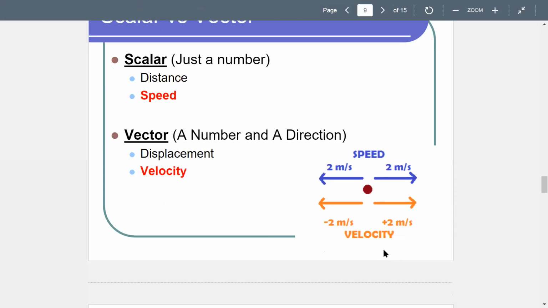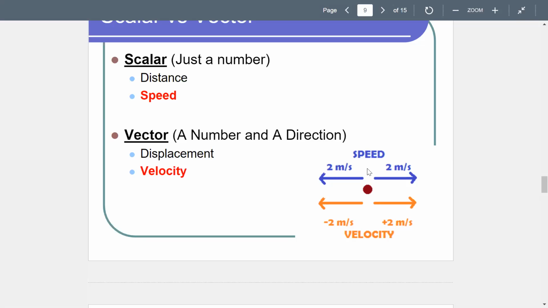Now, velocity, however, is a vector quantity. So this arrow has a direction, and in this case, we are considering rightward to be positive and leftward to be negative. The general rule of thumb, it's not always the case, you technically get to pick, but what most people default to is what you see when you're graphing on an XY plane: up is positive, right is positive, left is negative, down is negative.